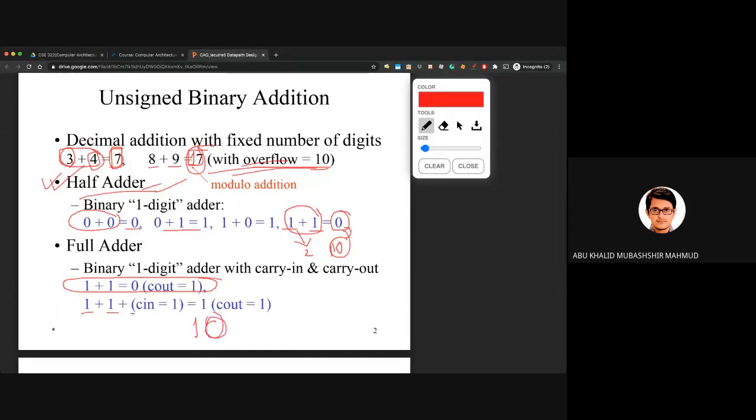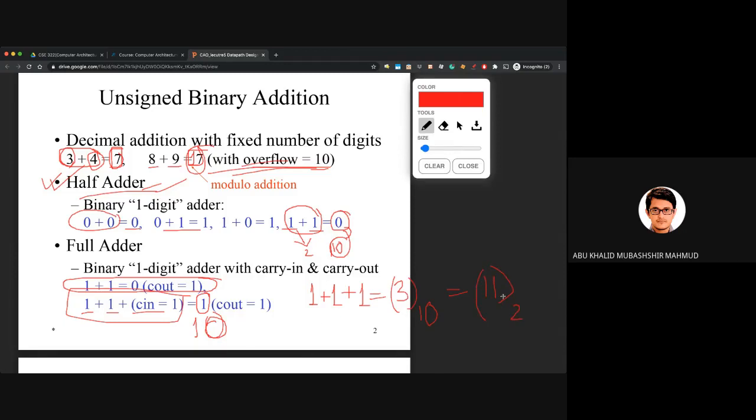So when we also have a carry input of 1, we add 1 plus 1 plus 1 and get 3 in decimal, which is 1 1 in binary.